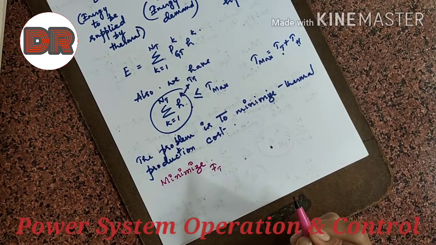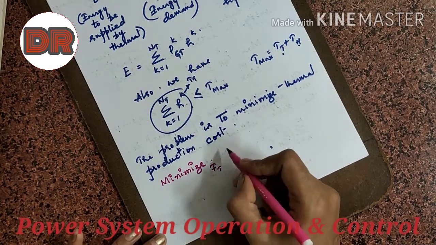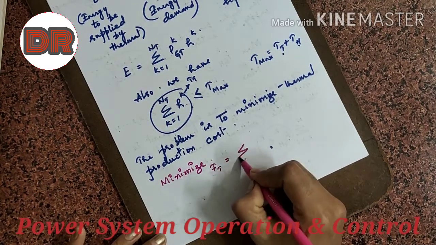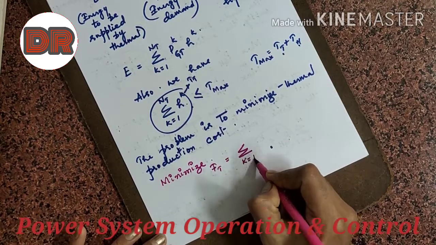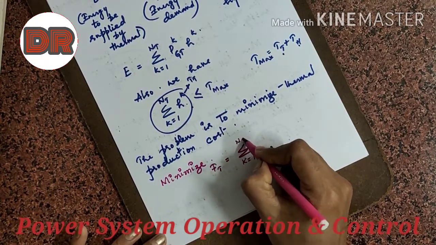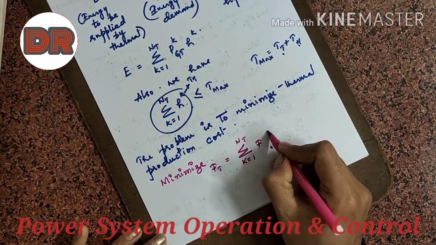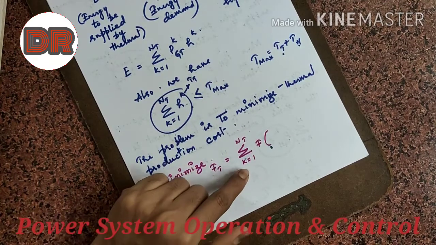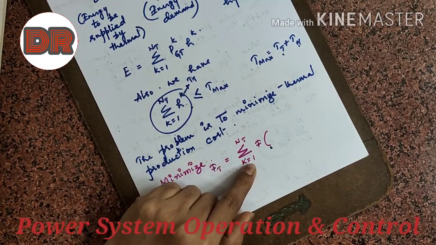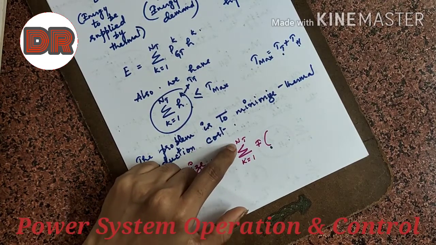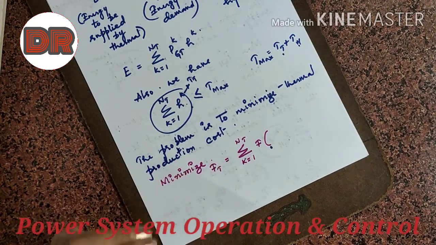So production cost of thermal can be given by Ft, which is actually written as the production cost for all these intervals, that is from 1 to NT. Why have I taken NT? Because the thermal power plant is on only for NT intervals.